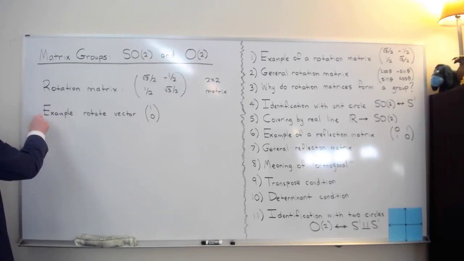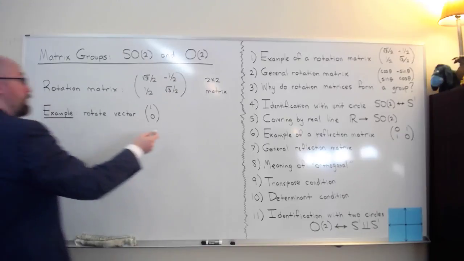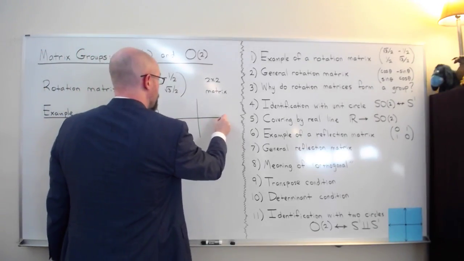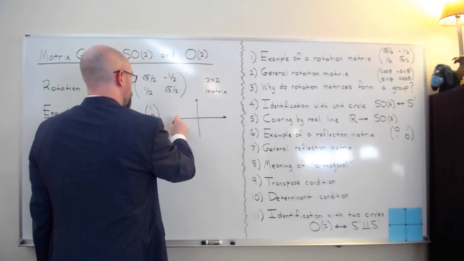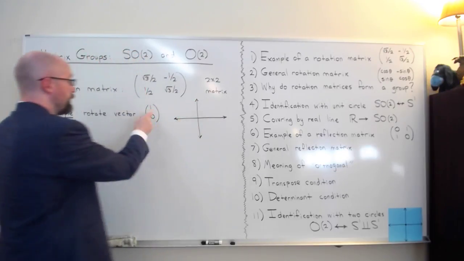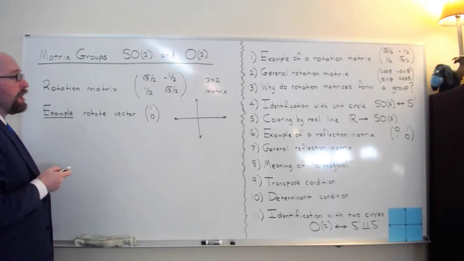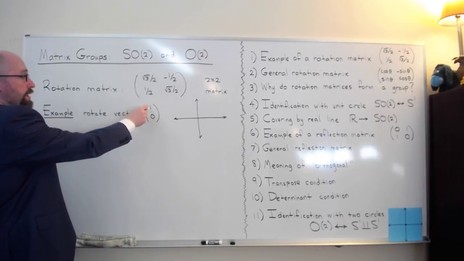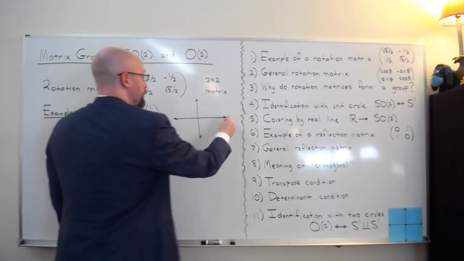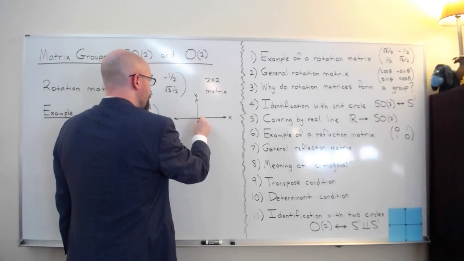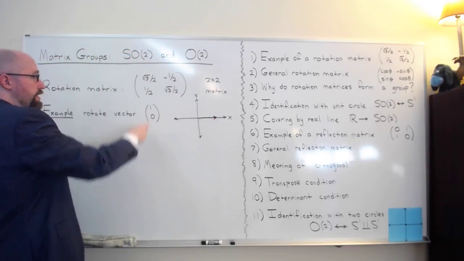This vector, so the way this vector looks, I'll just draw it over here. I'll draw a little coordinate system over here. You remember the 1 here, this was the A, and the 0 is the B in this case. Well, the 1, that's the X coordinate, so if I put X over here and then Y up here, then that would tell me that I'm coming out 1 unit in the X direction and 0 units in the Y direction.